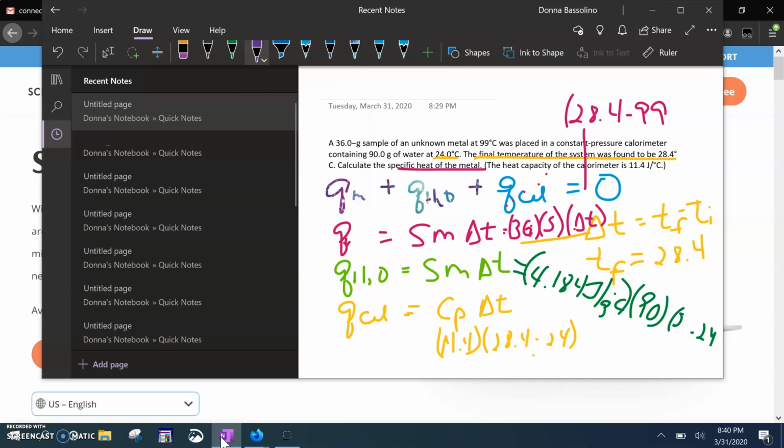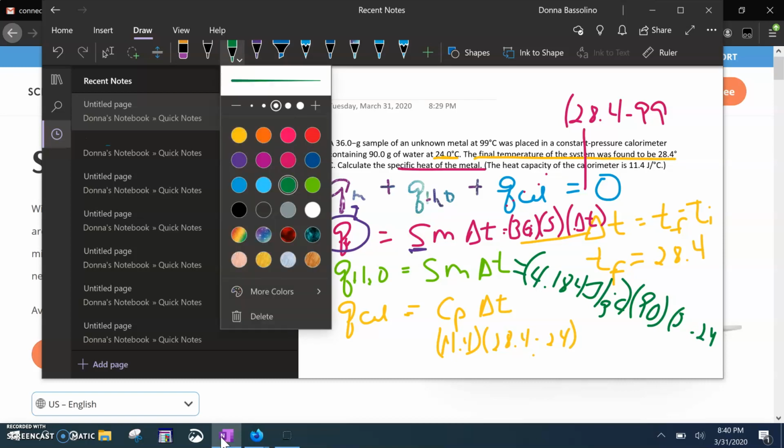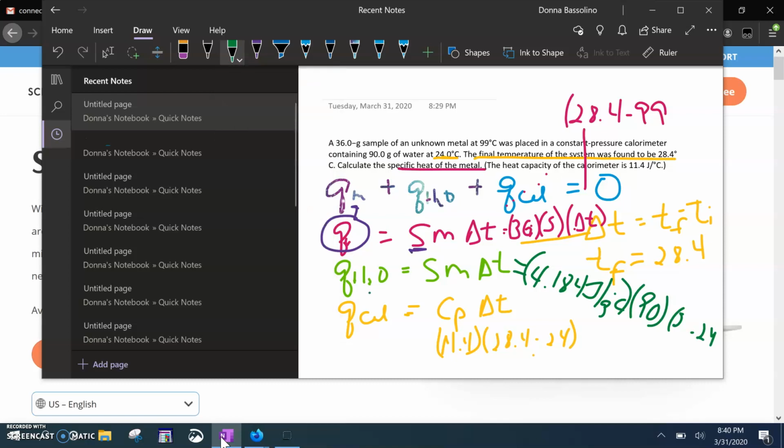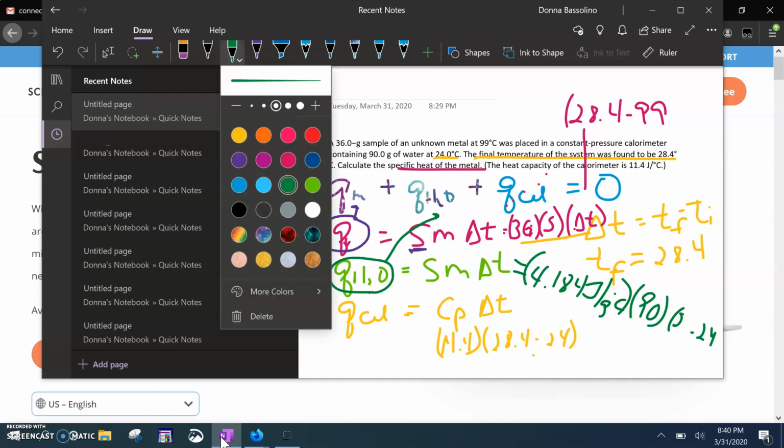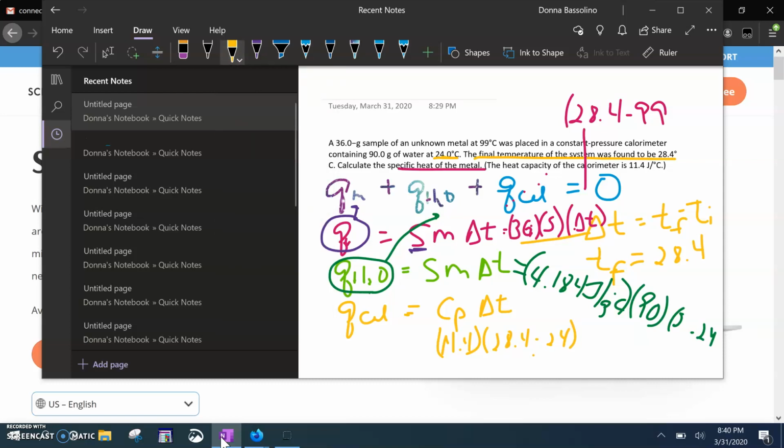So now this Q gets plugged into the metal, and S is unknown. This Q, we'll go back to the green, gets plugged in here for the water, and then the Q of the calorimeter, we'll use the yellow again, and this number gets pulled in here, and this is your third number.